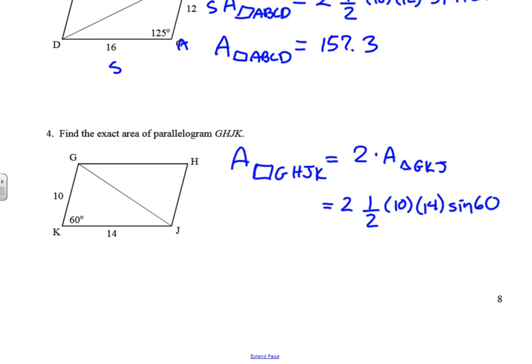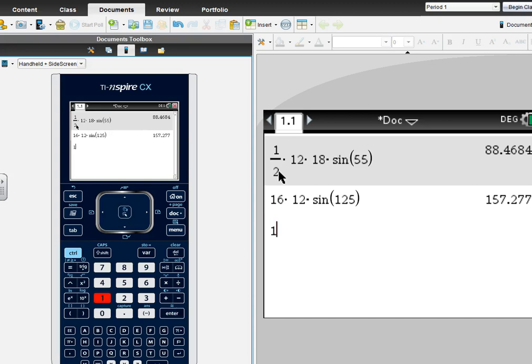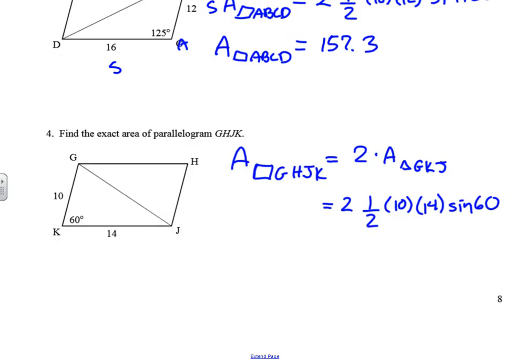The 2 and the 1/2 cancel each other out, so it's 10 times 14 times the sine of 60, and we get 121.2. That would be the area of parallelogram GHJK. Just another tool in the toolbox, a quick one, but let's keep things rolling, and I'll see you back here soon.